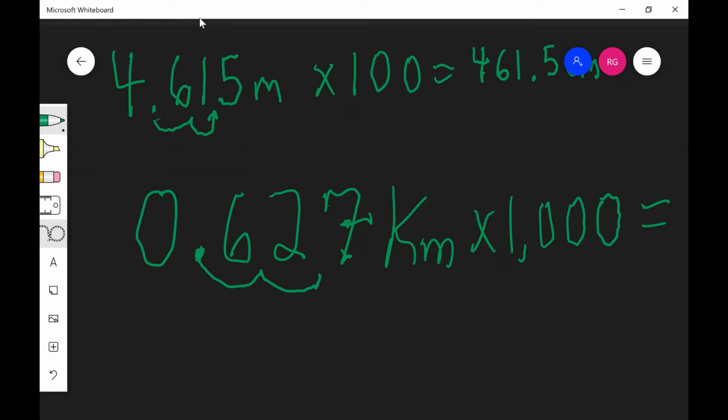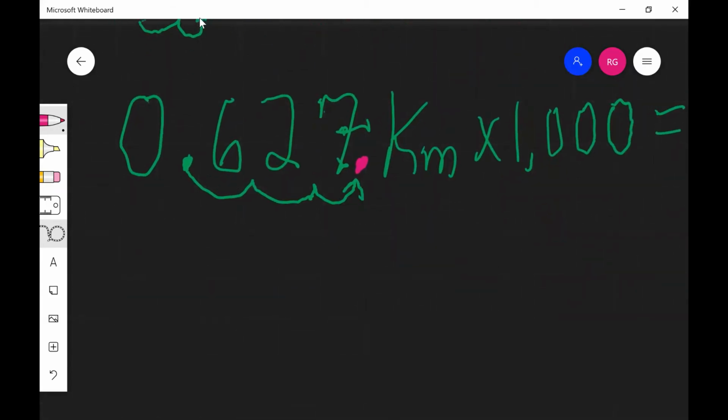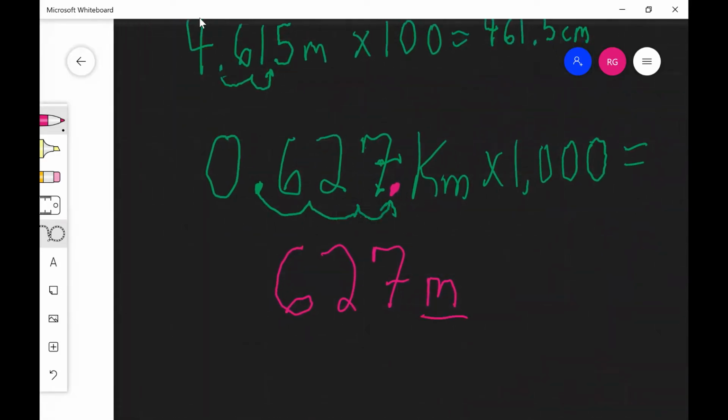I think we need to move it one more place to the right. So that's my new decimal point. Our new number is then what? 627 what? Meters. Yeah, meters.